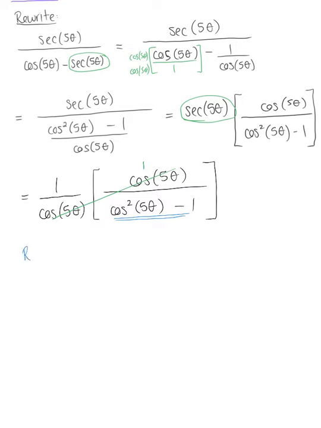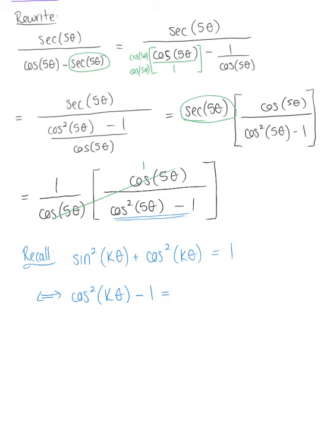So let's quickly recall from the Pythagorean identities that sine squared of k theta plus cosine squared of k theta is equal to 1. So this is equivalent to cosine squared of k theta minus 1 being equal to minus sine squared of k theta, which matches what we have above.